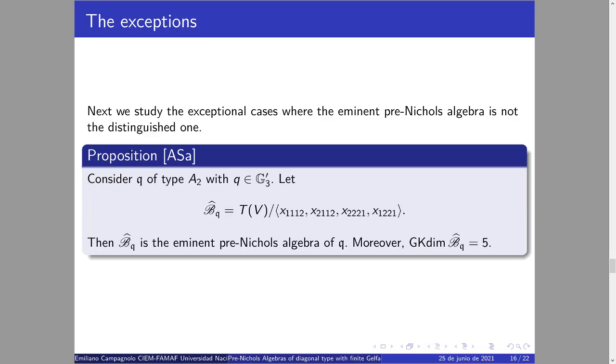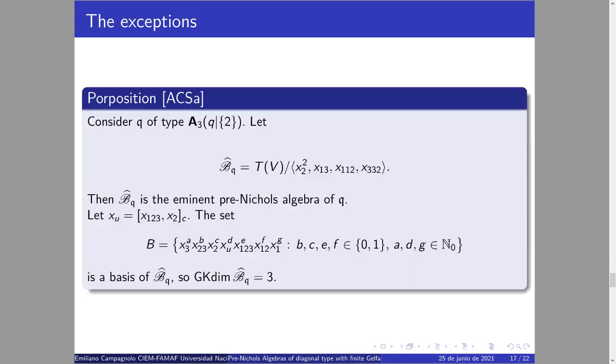This result is by Andruskiewitsch and Sanmarco. Consider Q of type A2 with q a root of unity of order 3. Let hat B be defined like this. Then hat B is an eminent pre-Nichols algebra of Q. Moreover, the Gelfand-Kirillov dimension of hat B is 5.